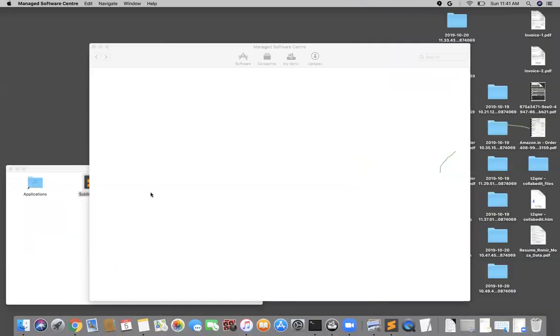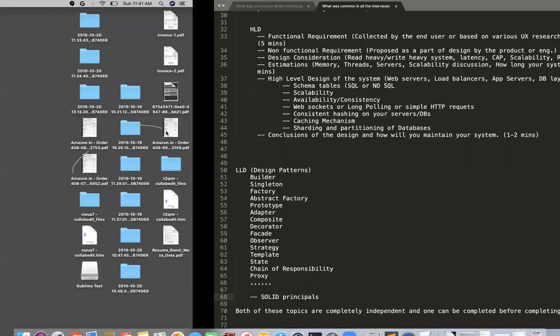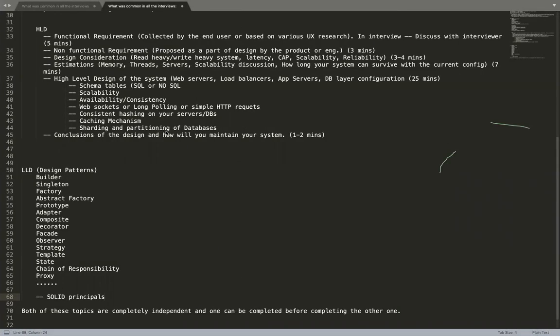So don't worry about that. The discussion will be language independent, and the code might be in Java.